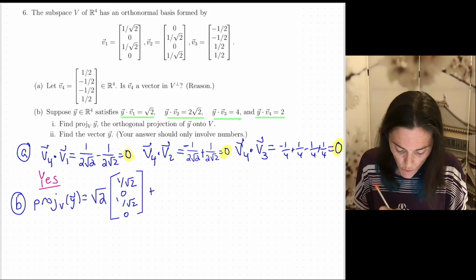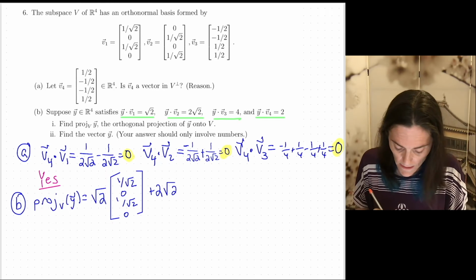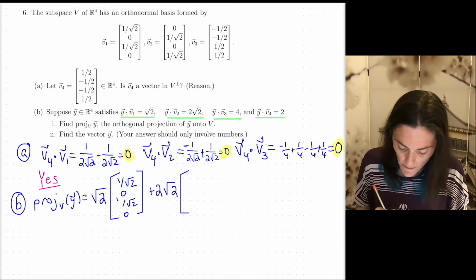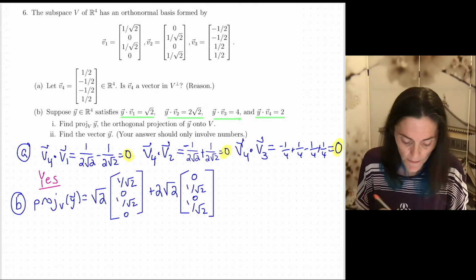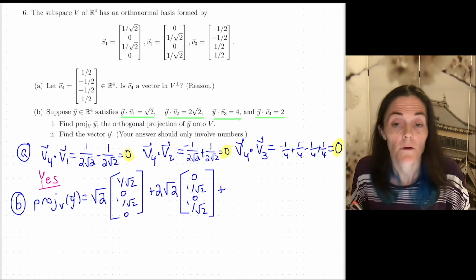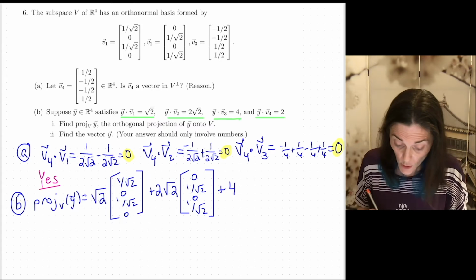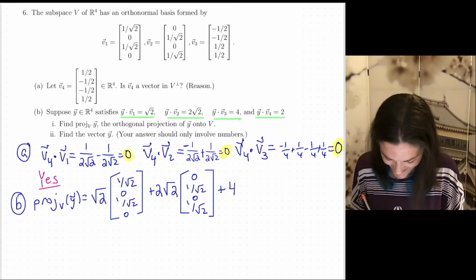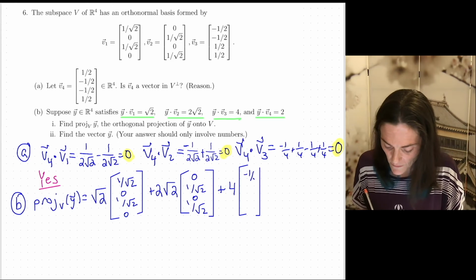Then we have 2 square root of 2 times the next vector, and finally we have 4 times V3, the third vector, which is minus 1/2, minus 1/2, 1/2, and 1/2.